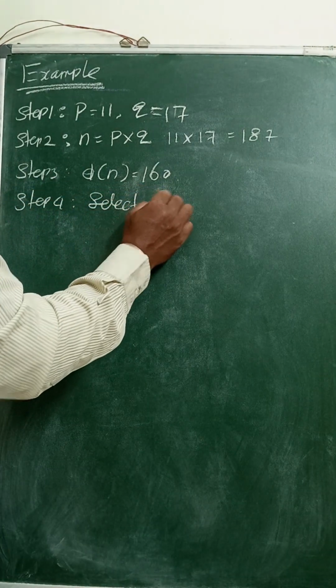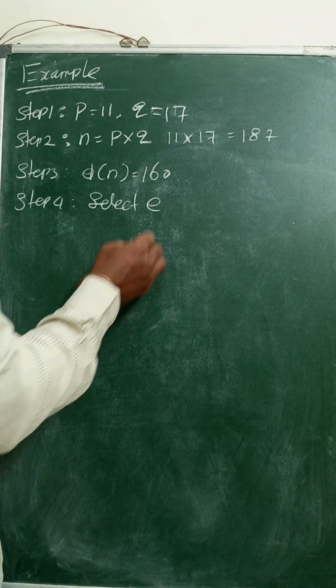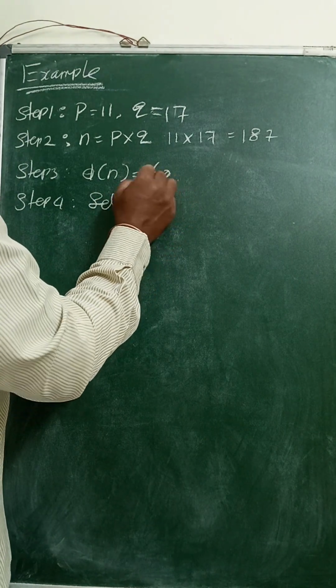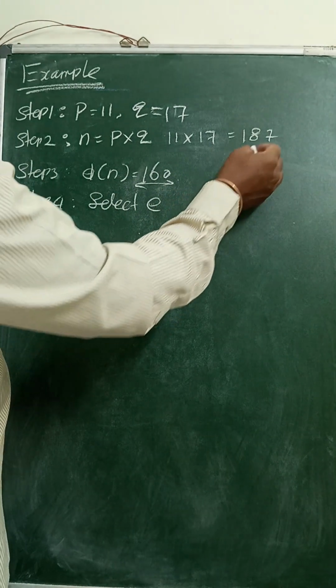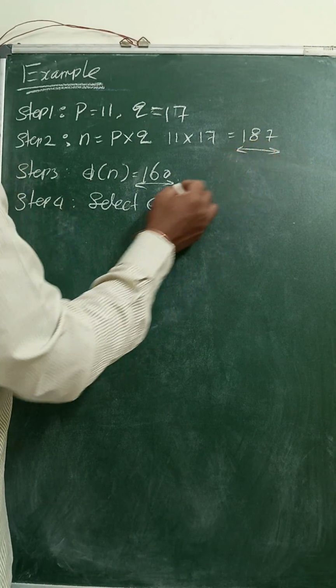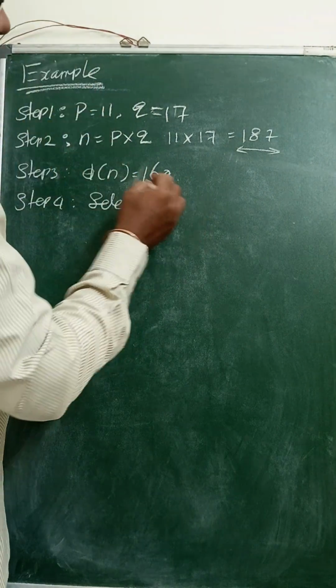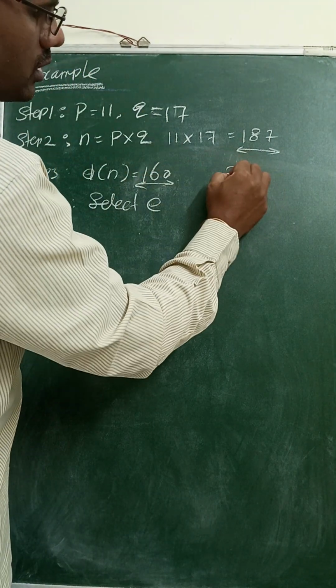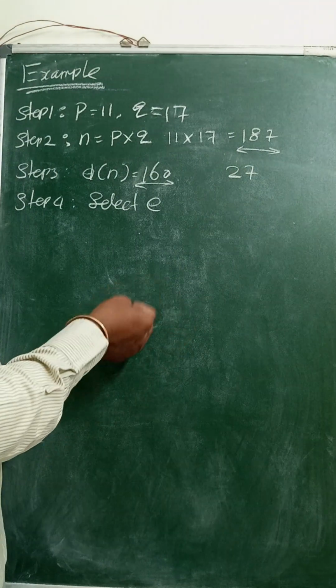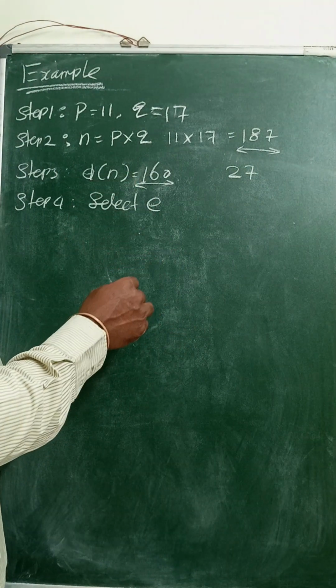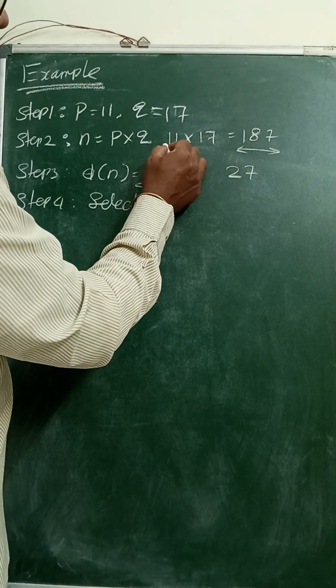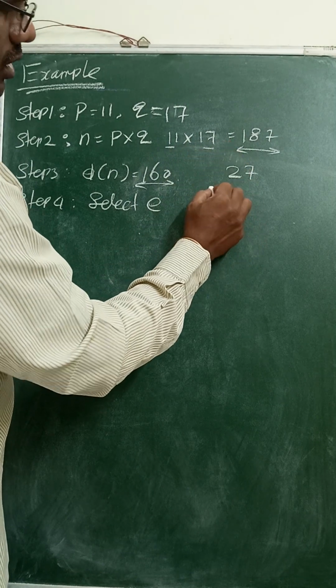We should know the difference between the totient function of n equal to 160 and n equal to 187. Before selecting E, note that the difference is 27 numbers. Among these, we have to find which numbers should not be chosen as the E value.